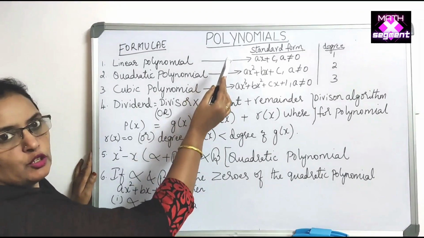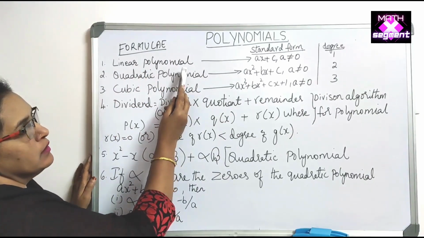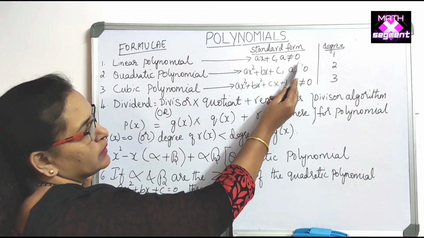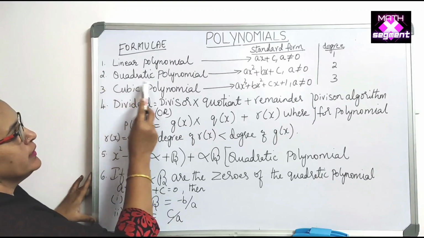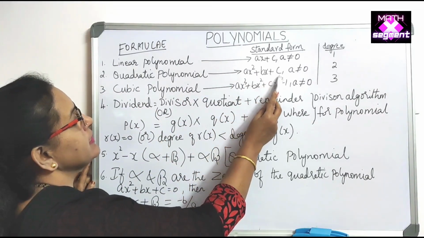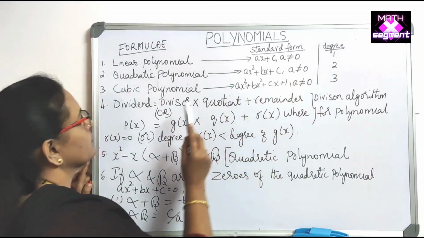Today in this chapter Polynomials, we'll start with formulas. The linear polynomial, where the standard form is ax plus c, where a is not equal to 0, the degree is 1. Next, quadratic polynomial, the standard form is ax square plus bx plus c, where a is not equal to 0, degree is 2.